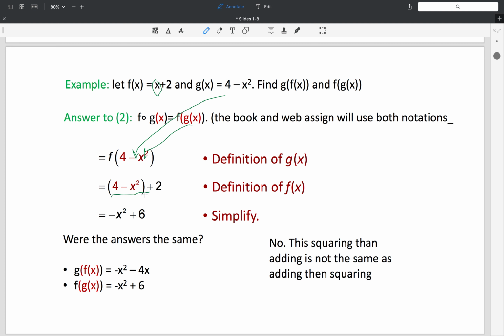And then I distribute, and I get 4 minus x squared plus 2. I get 4 plus 2. I add those together, and I get 6. Sorry, this is backwards. This is going to be my f of g of x.